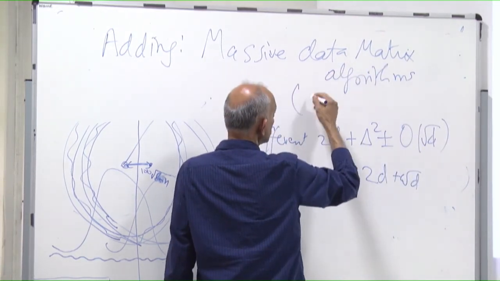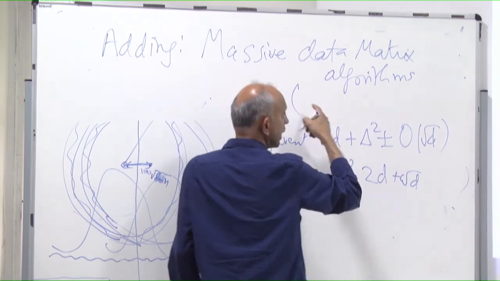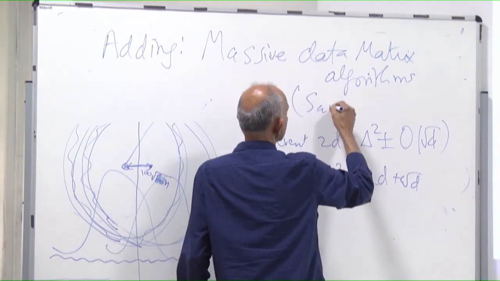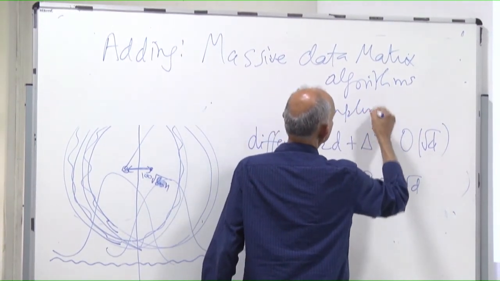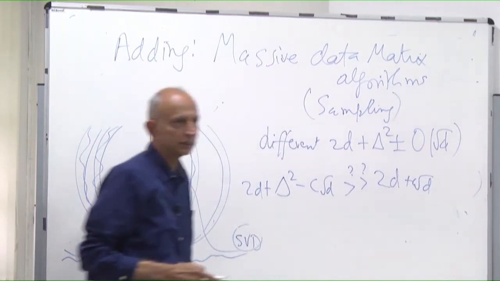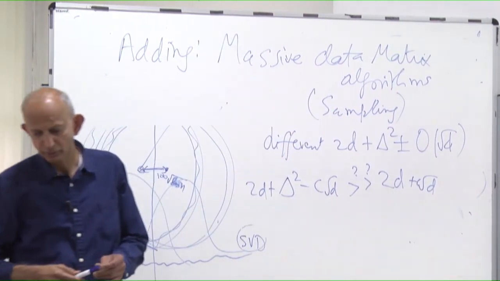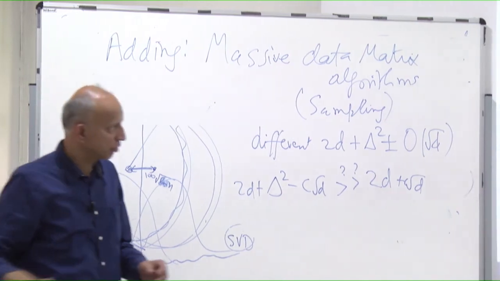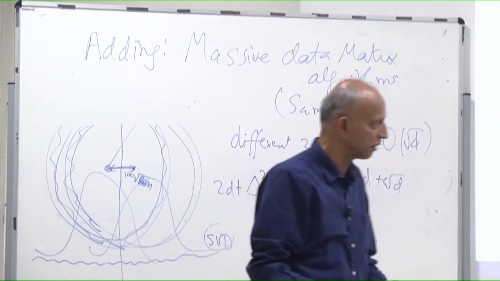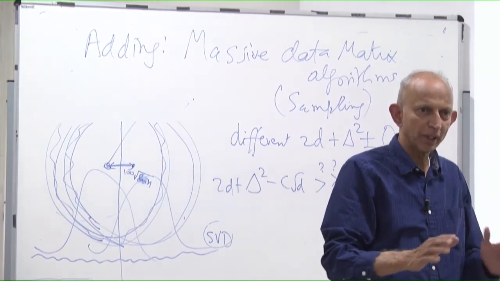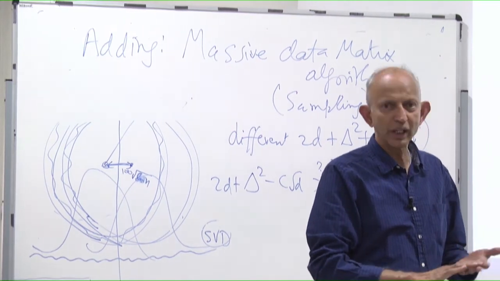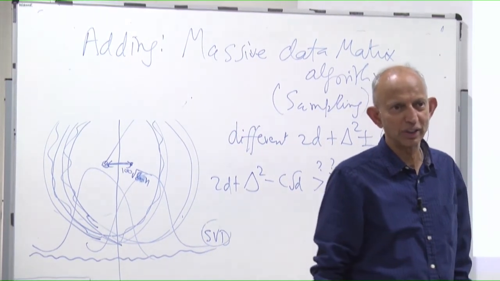And in that we will do also SVD and all that, but we'll do it with sampling. So the order of business is: Thursday will be the start of SVD. It'll probably run for 3 lectures and then we'll branch off into other things.